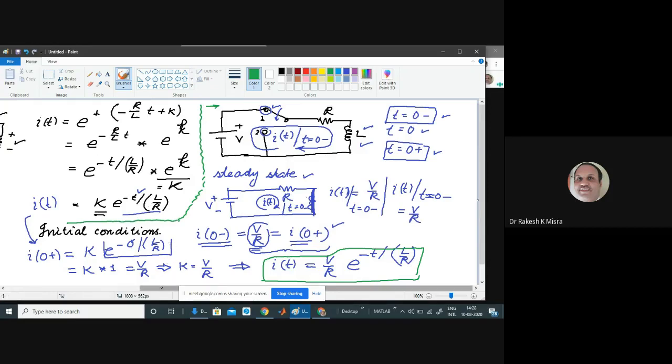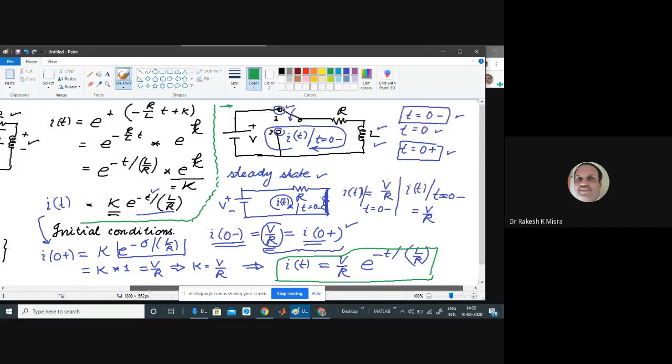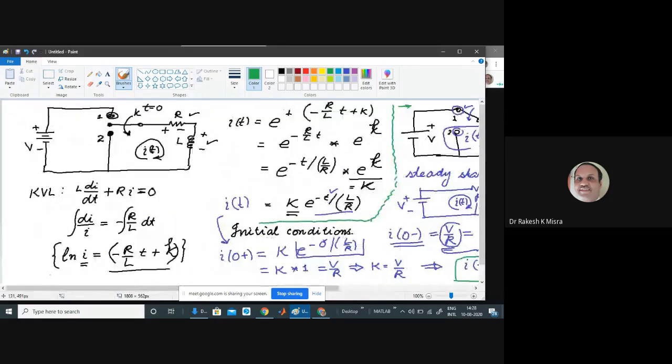Now we need to revise what we have done so far. Here we must know that the circuit we have taken is a first order circuit because its KVL gives us a differential equation of first order.